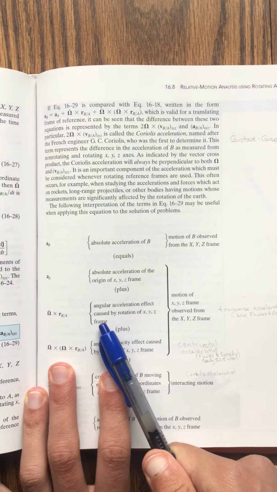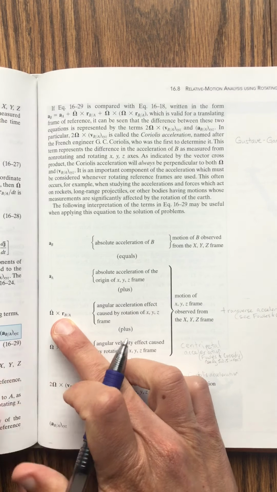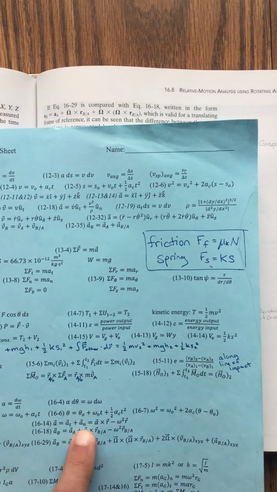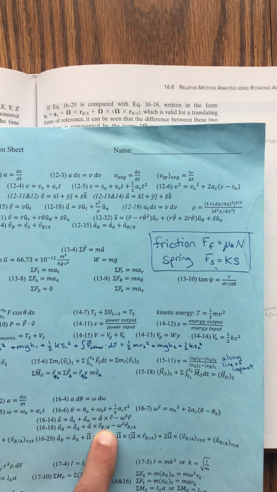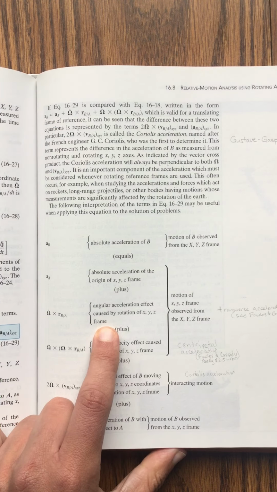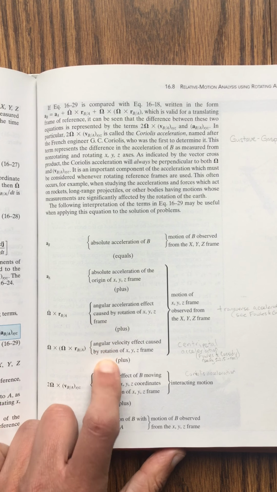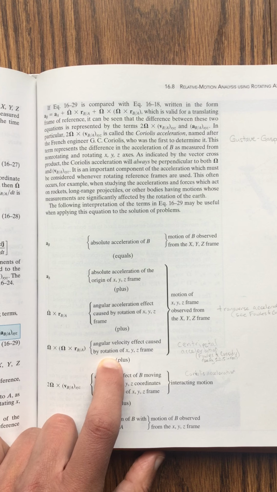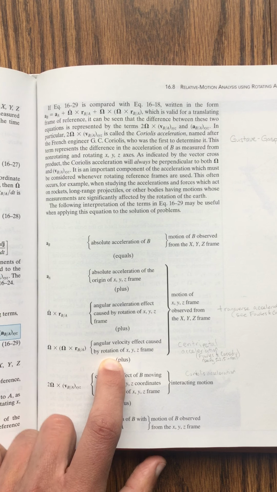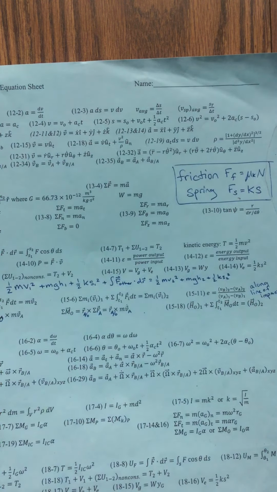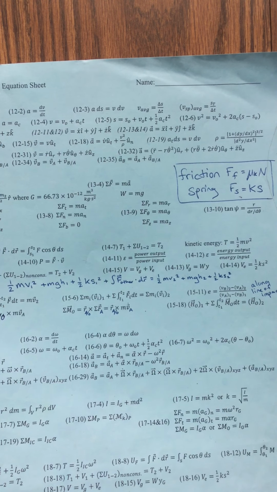And this is this cross product here, which we had before in equation 16-18 as the angular acceleration crossed with r_BA. This is the angular acceleration caused by the rotation of the frame. This is the angular velocity effect caused by rotation of the frame. So we had both of these terms before, which were caused by the rotation of the rigid body.